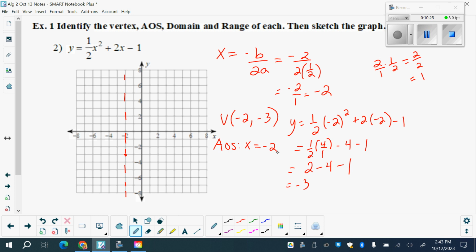So now we want to find another point on there. Let's make a table. So our vertex is -2, -3. What's a number close to -2? 0. Again, 0's close there, so it's going to work.